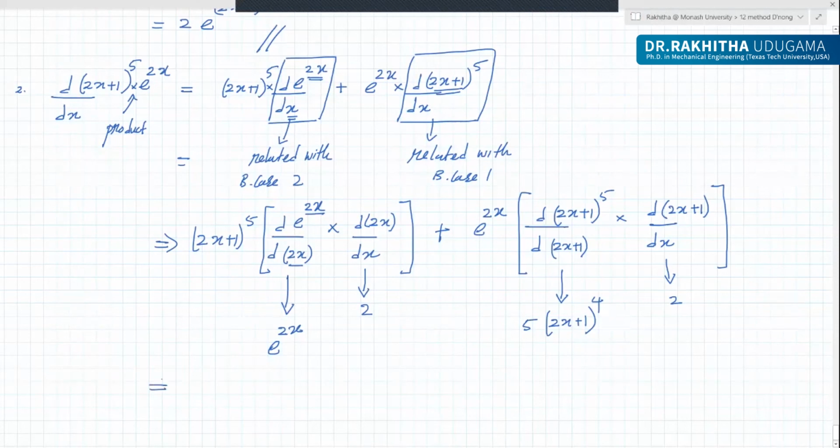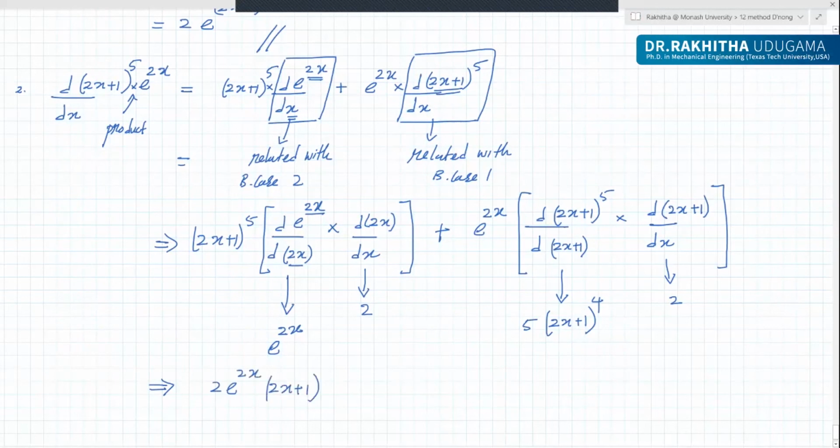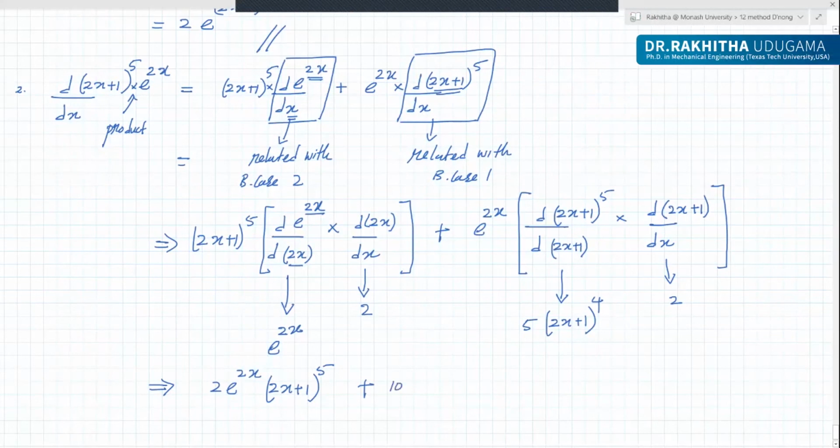So once you compile everything, you will get here 2 e to the power 2x, (2x plus 1) to the power 5, plus this plus sign. Then you have e to the power 2x. Here you have 2, this is multiplication, right? So everything is multiplied. So 2 times 5 is 10. Then you get e^(2x). Here you get (2x plus 1) to the power 4.